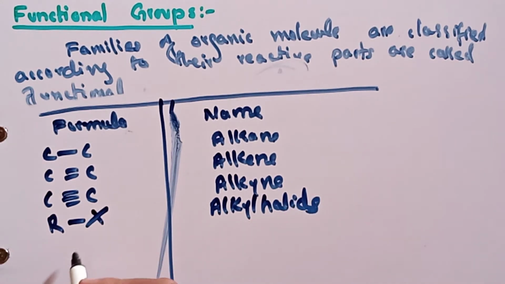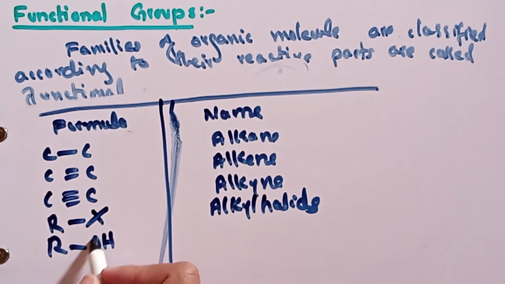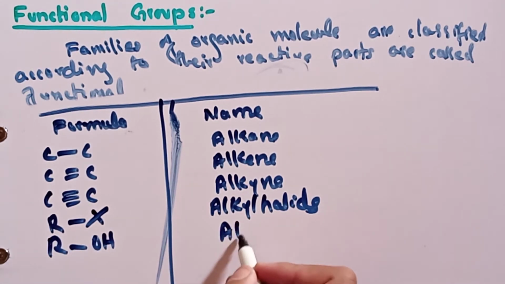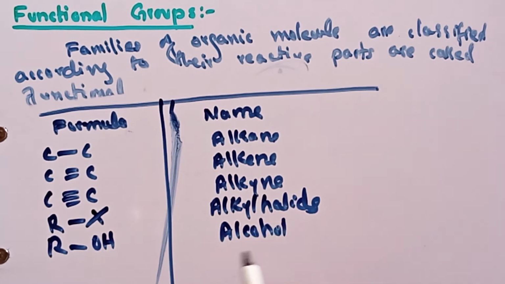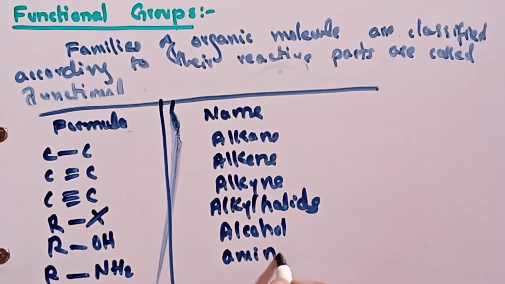When there is an OH group attached instead of the halide X, it will be called alcohol. When there is an amine group, RNH2, attached instead of OH, it will be called amine.